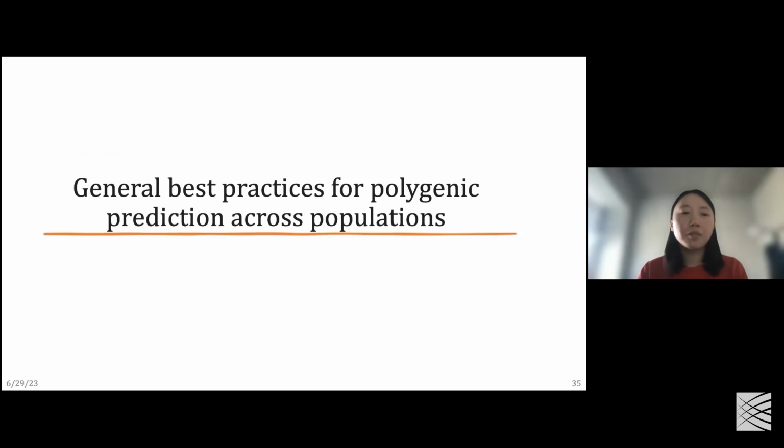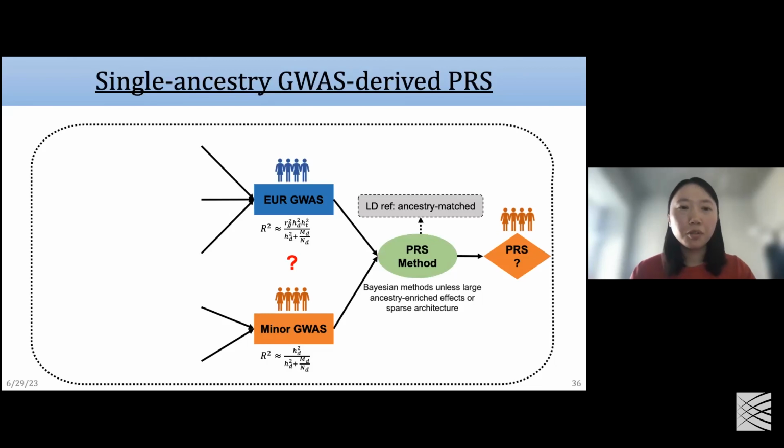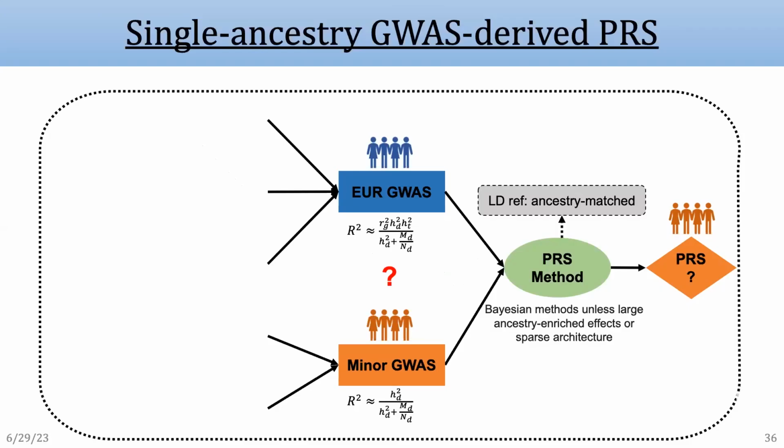Based on those findings, I want to summarize a few general best practices for polygenic prediction across populations. First of all, if you want to derive a PRS based on single-ancestry GWAS, either large-scale existing European GWAS or small-scale minority GWAS, it depends on the theoretical accuracy I previously mentioned.